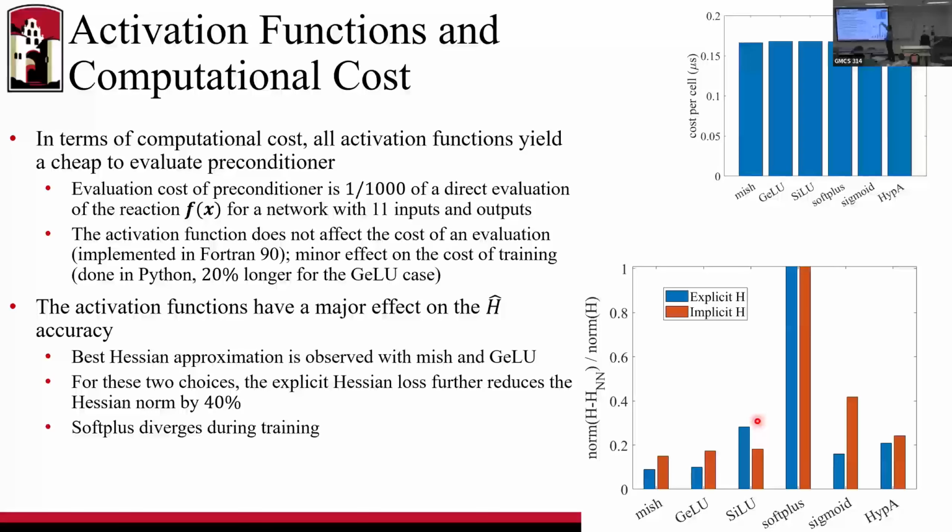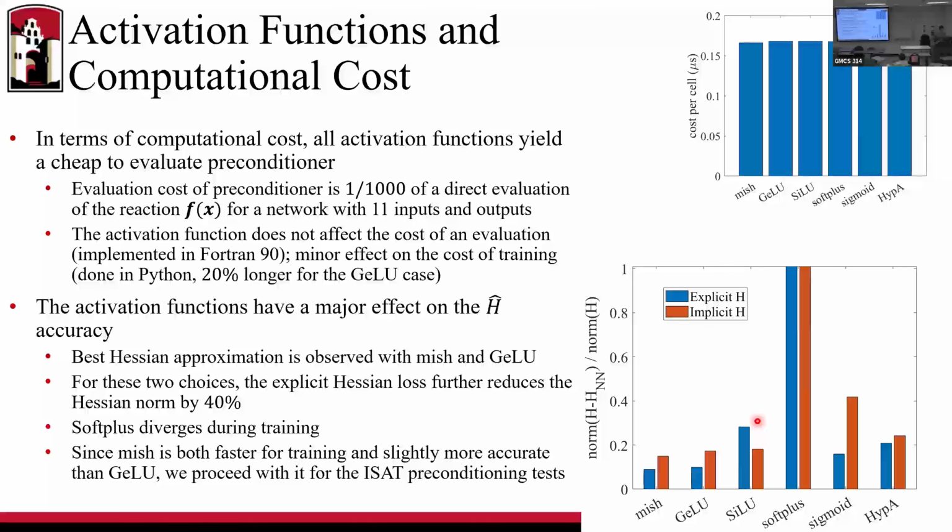In fact, it diverges during training. So this particular activation is not even valid, but we tested it for completeness' sake. Okay, and therefore, since Mish is both faster for training on the PyTorch side of things, and it is slightly more accurate than GELU, for all the rest of the tests, we are proceeding with just Mish for the Hessian preconditioning.